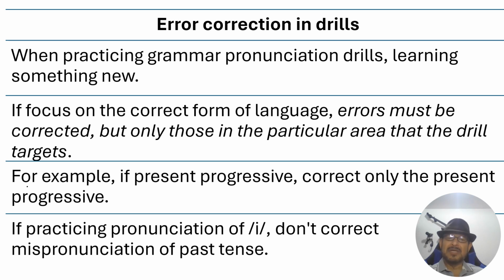For example, if students are practicing the present progressive, correct only errors in the formation of the present progressive. If practicing pronunciation of a phoneme, don't correct mispronunciation of past tense, for example.